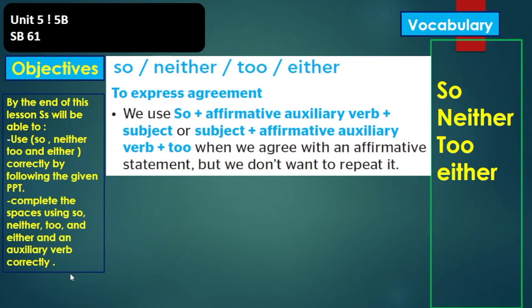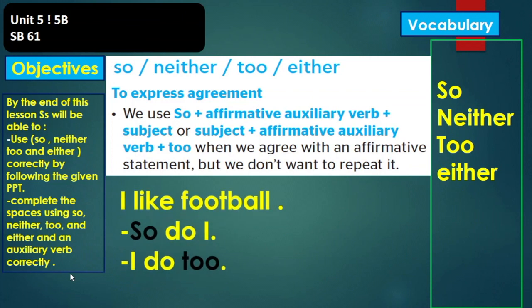We use so plus affirmative auxiliary verb plus a subject, or a subject and affirmative auxiliary verb plus too, when we agree with an affirmative statement, but we don't want to repeat it. For example, I like football, so do I, or I do too. We use so do I, so plus affirmative auxiliary verb, so do I. I do too. We use verb plus too.